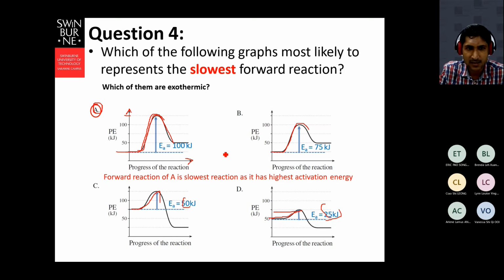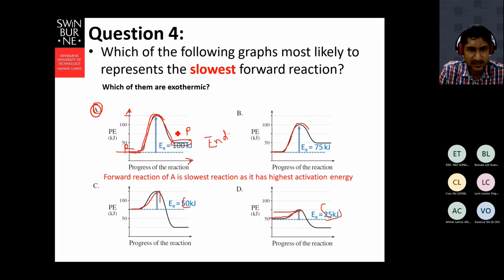So are A and B endothermic or exothermic? Endo. Yep, good, thank you. So A and B are endothermic because this is the reactant side and this is the product side, so the product enthalpy is higher than the reactant. So this is endothermic.